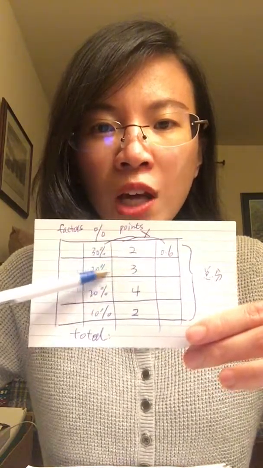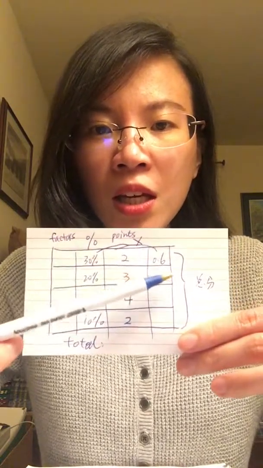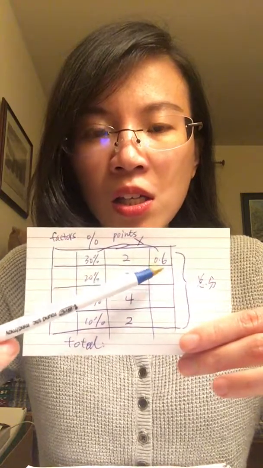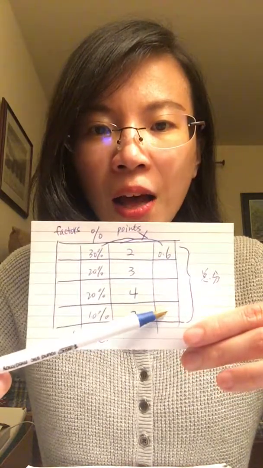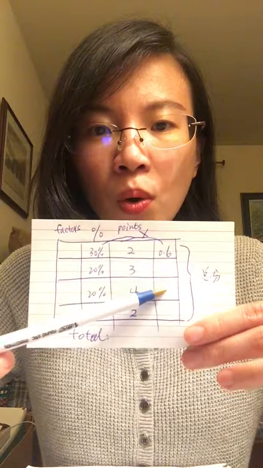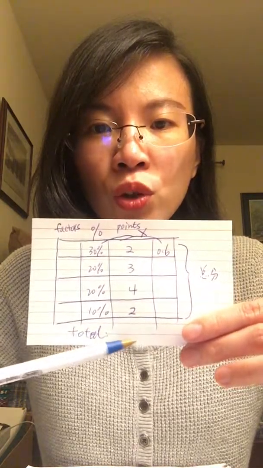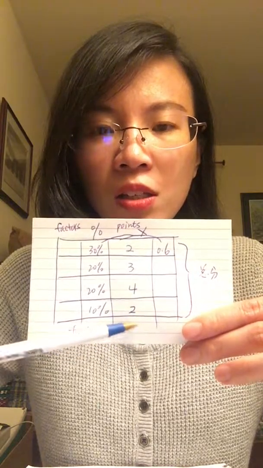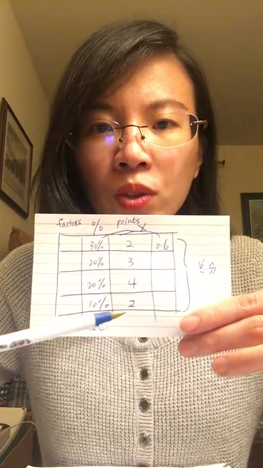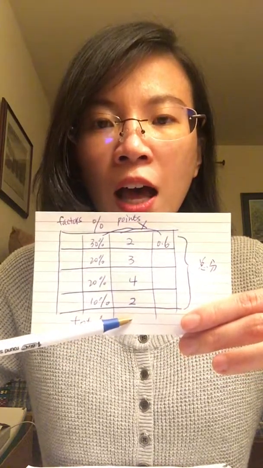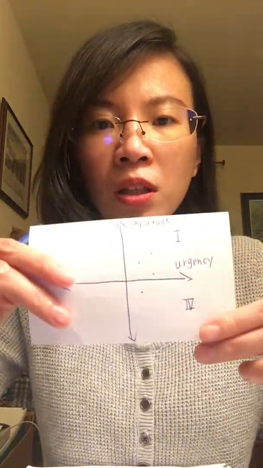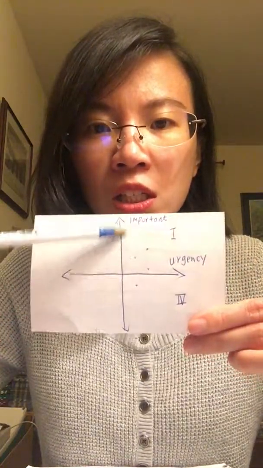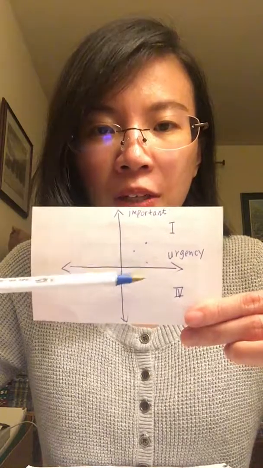Then 2 times 30% is 0.6. You add those points up and you get a total number. The total number will help you determine which position the dots should be in.